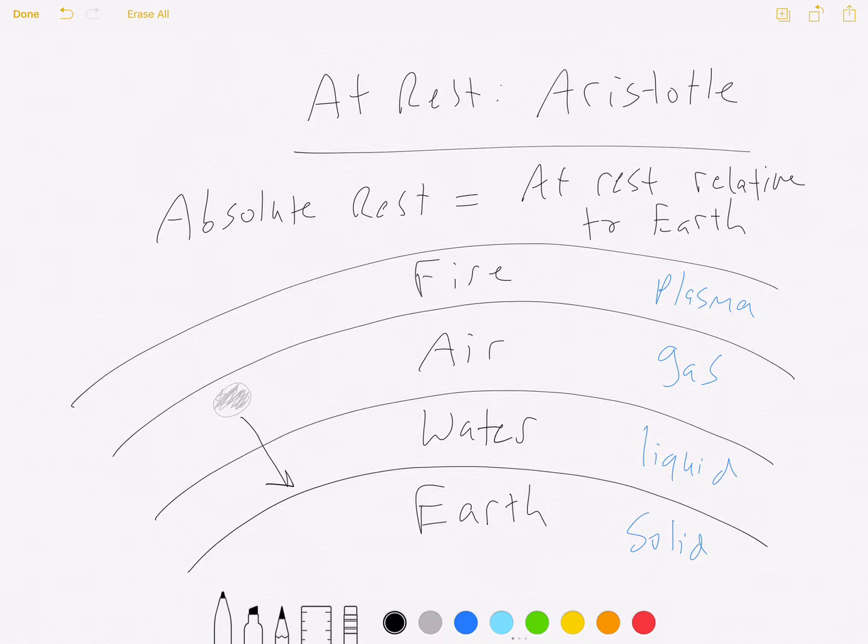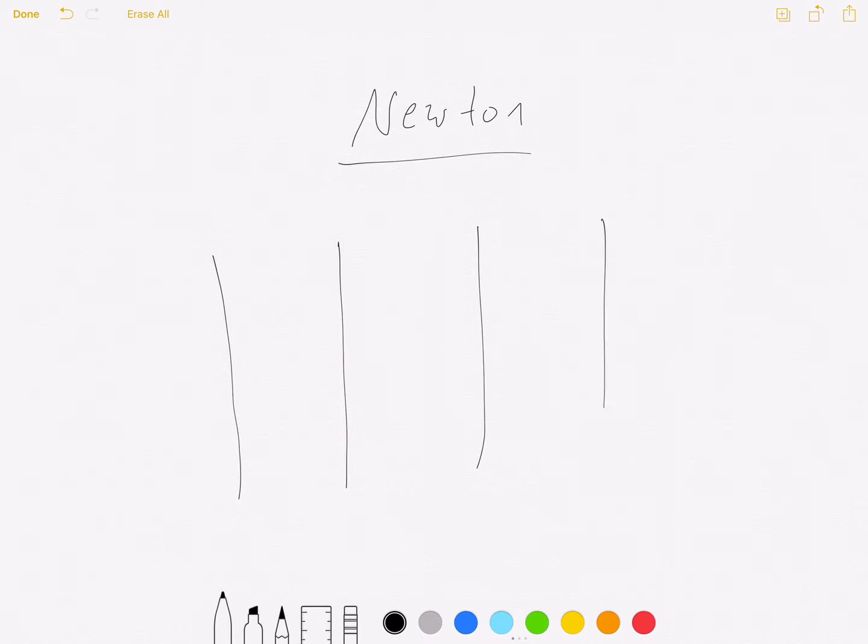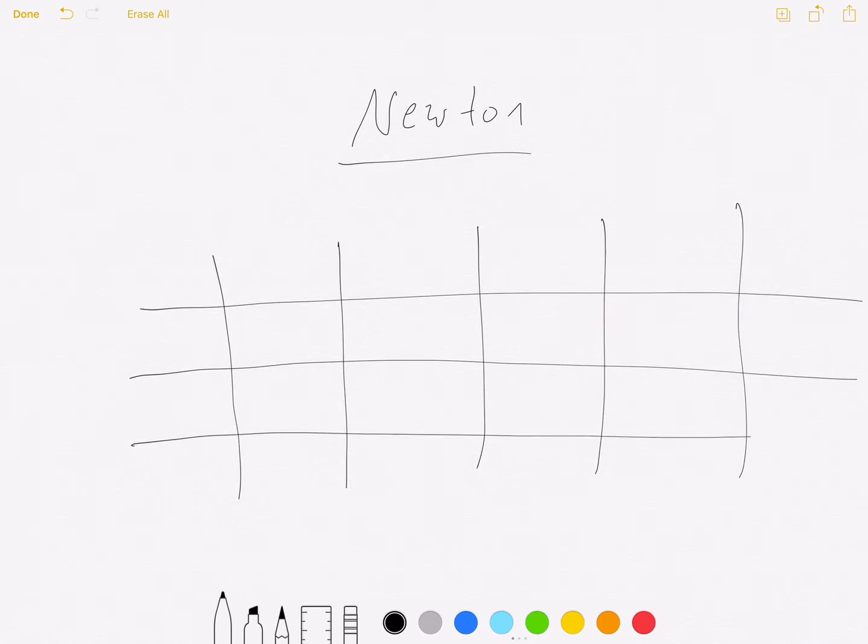And by the time that Newton came around, it had been pretty well established that the Earth was in fact moving, that it was not at rest. So Newton adopted sort of a Cartesian view of space, where you had kind of a grid, and on this grid were individual points, and these points in space don't move.